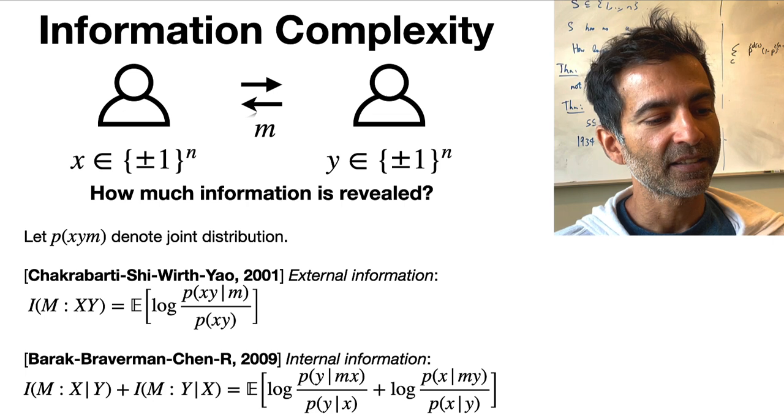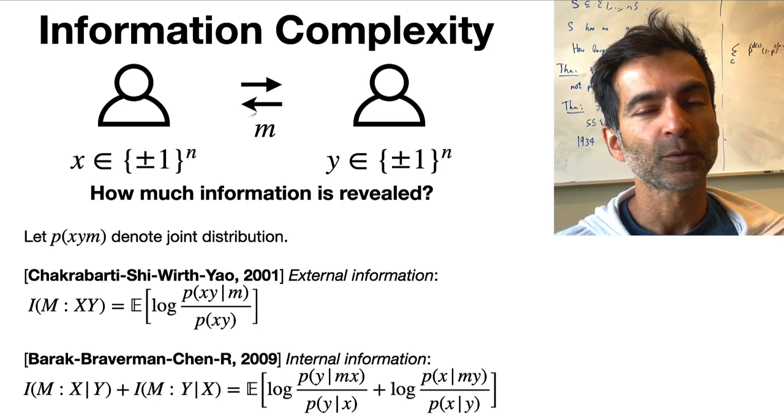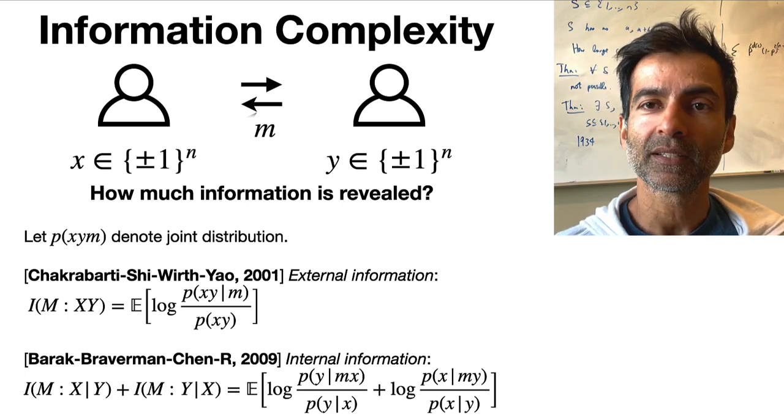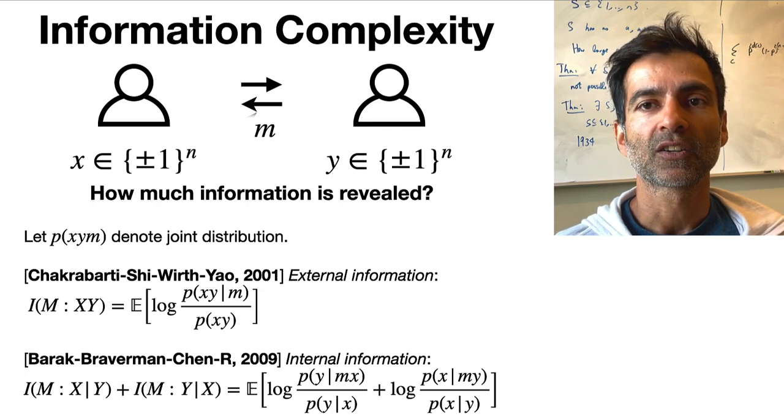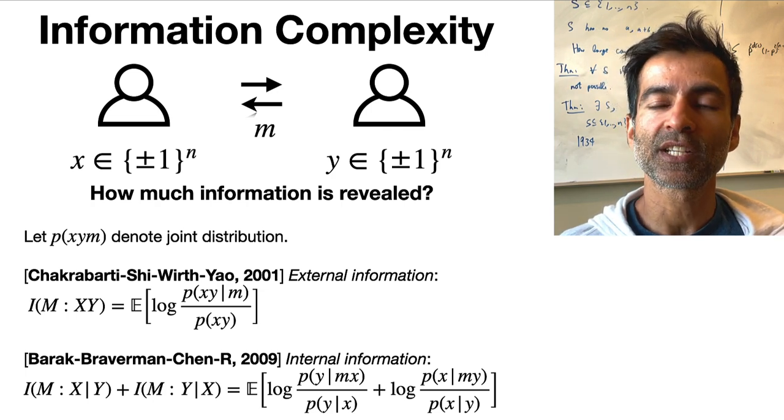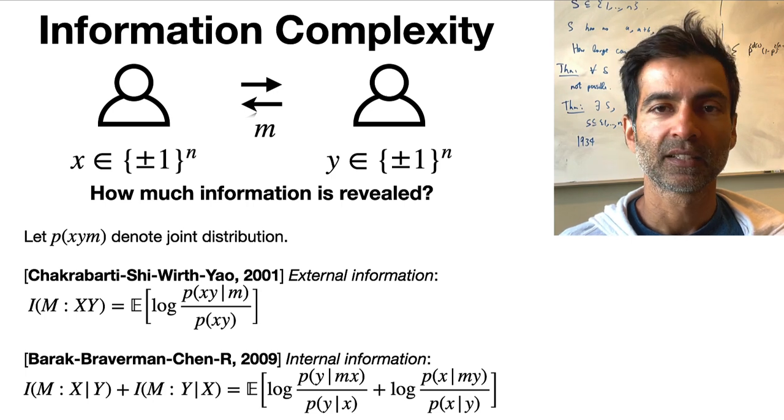Okay. And their concept was to measure the mutual information between M and XY. It's a very natural concept. You try to measure how much information is revealed about X and Y from M. Okay, and you can think of it as how much information is revealed to an external observer.